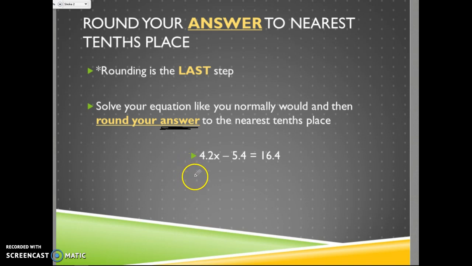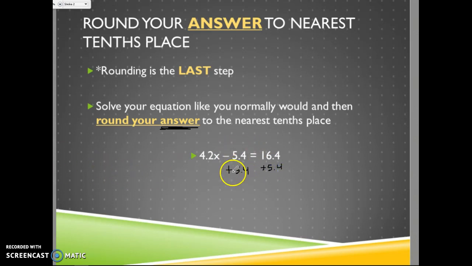If we want to round our answer, we're just going to solve this equation like we have been, so using inverse operations. So right now, 4.2x, and then subtracting 5.4 from that, this is where we want to start. The opposite of subtracting 5.4 is to add 5.4, and we are going to add 5.4 to both sides.